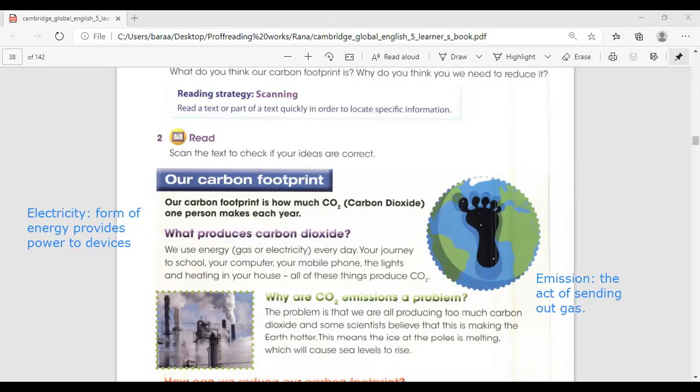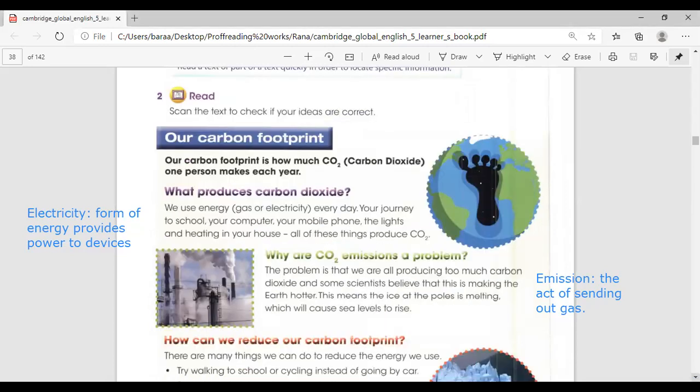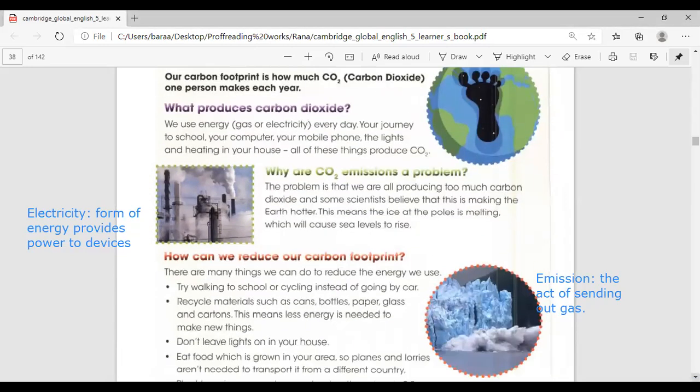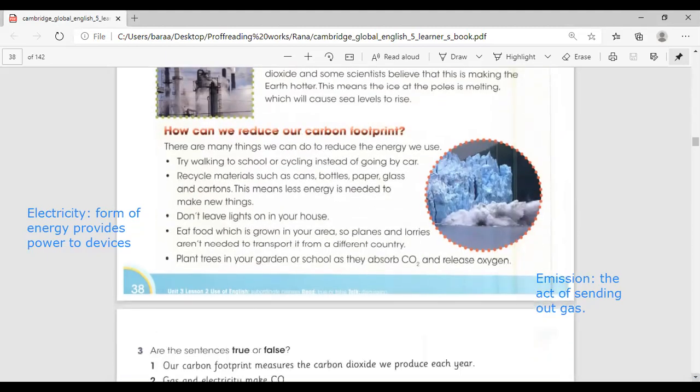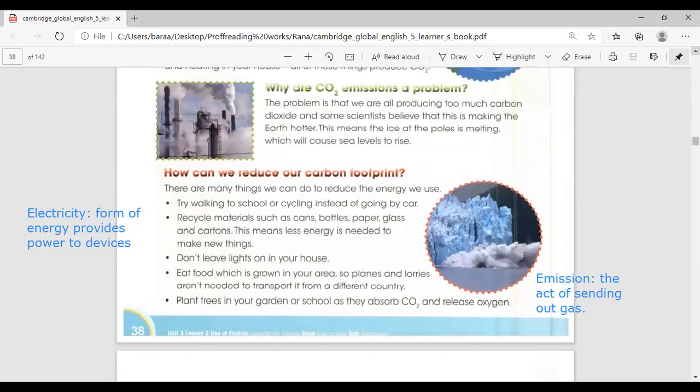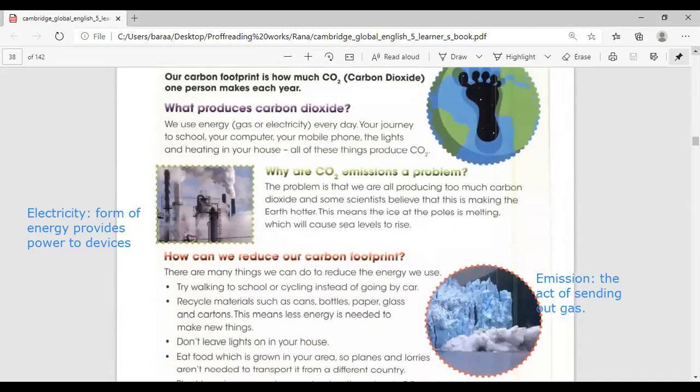And the last thing here: how can we reduce our carbon footprint? So we get to know what the resources of the carbon dioxide are.